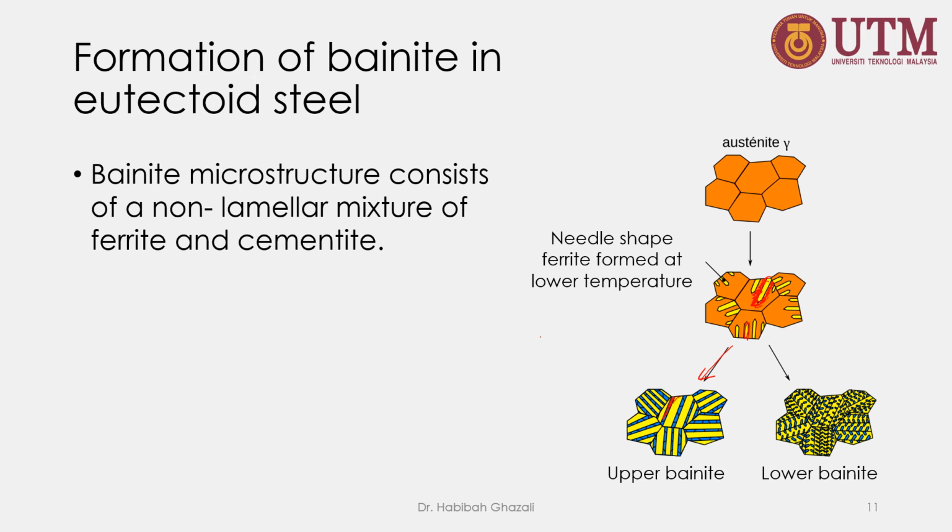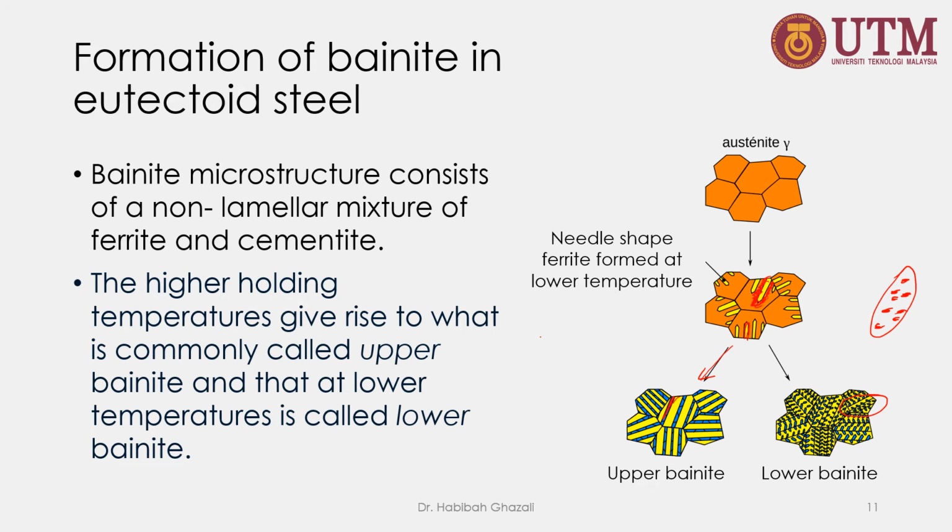So the final microstructure, what we call lower bainite, consists of the needle-shaped ferrite with small particles of cementite inside the microstructure. So at a higher holding temperature, it will give what we call upper bainite, and at a lower temperature, it will give what we call lower bainite.